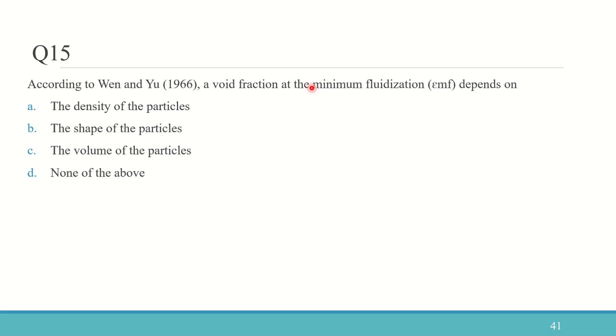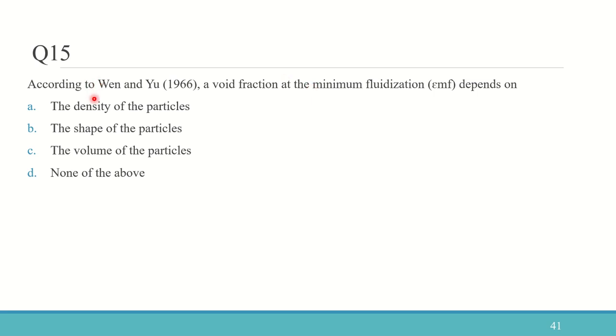In the last class itself we have seen how phi s square epsilon mf cube is approximately equal to 1 by 14, or epsilon mf cube is approximately equal to 1 by 14 phi s square, and epsilon mf is inversely related to the sphericity of the particle.